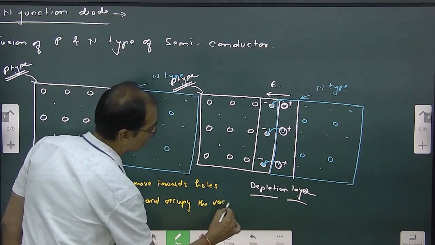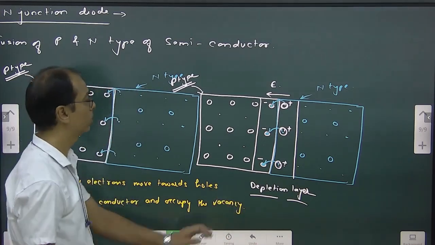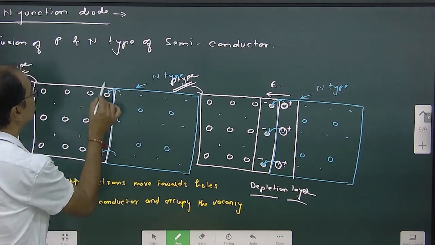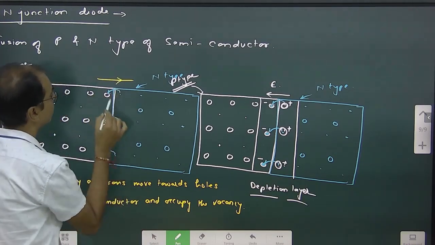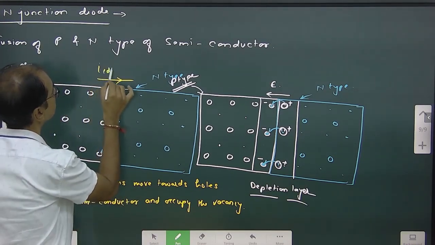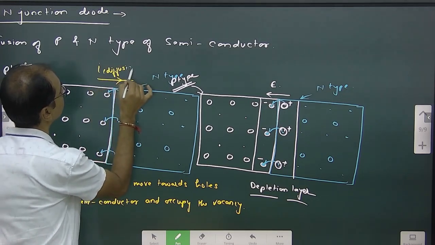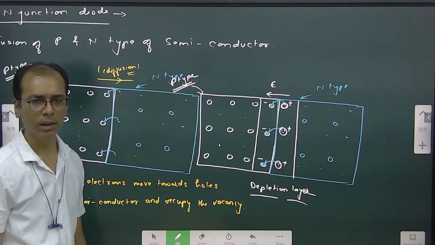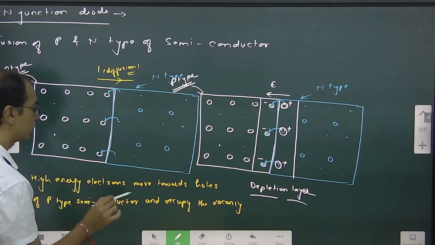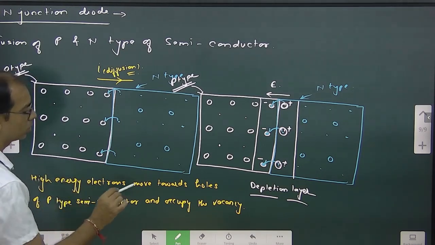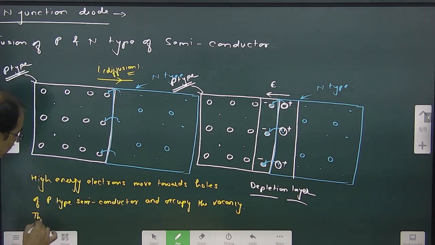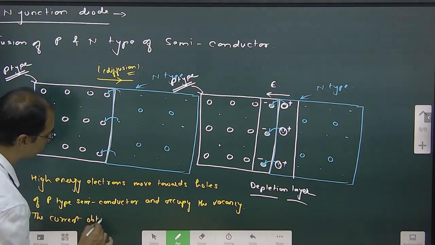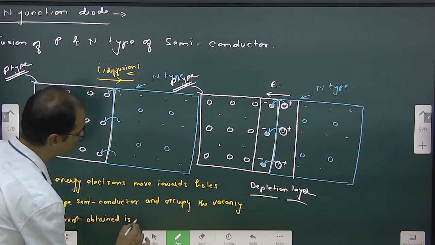Because electrons have moved from here to here, definitely we will be getting current. This current, because of the motion of these electrons, is called diffusion current. So the current obtained is called diffusion current.